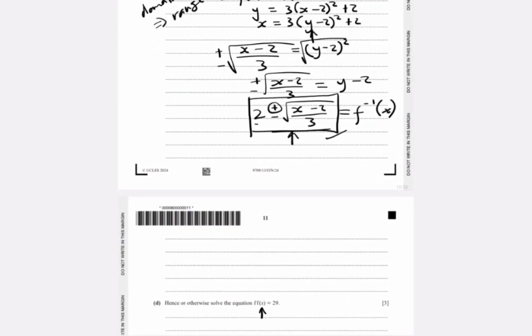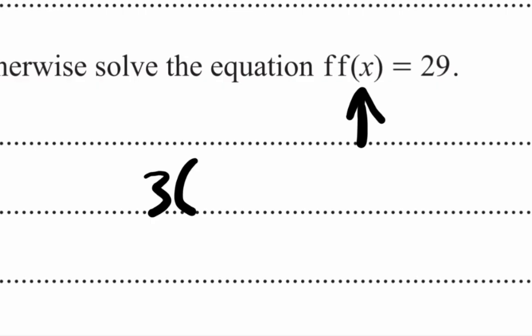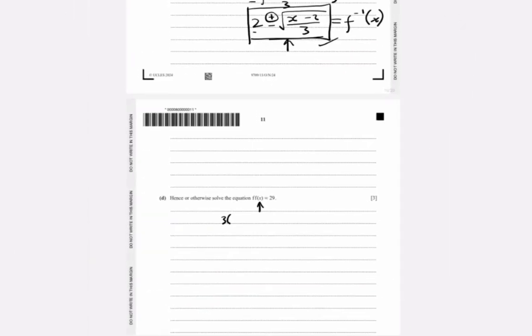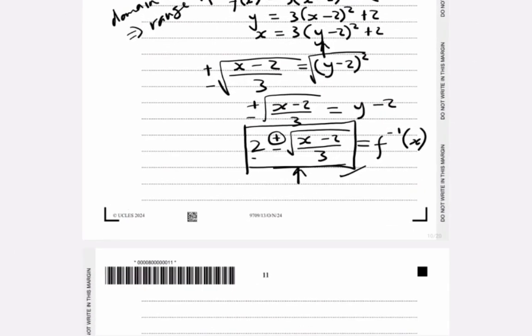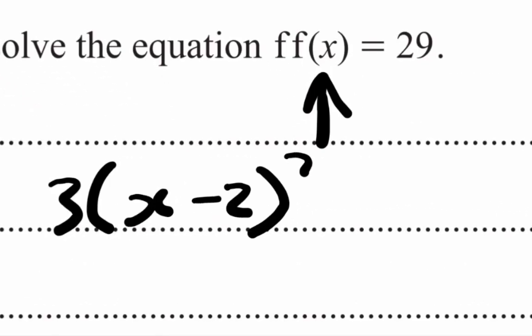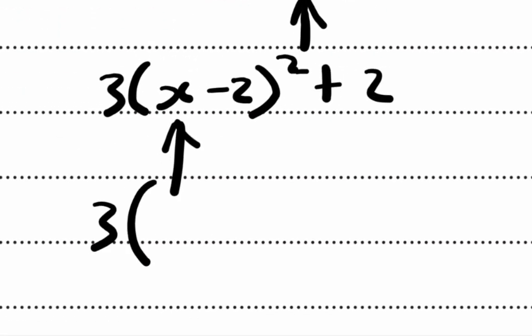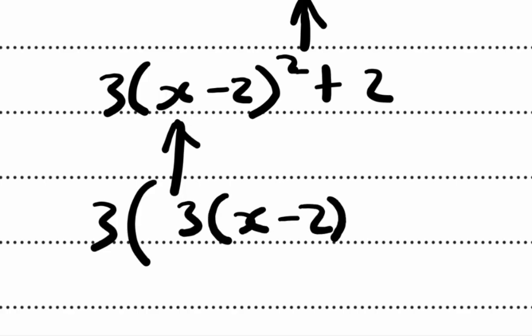So we know f of x is 3(x minus 2) squared plus 2. This is our f of x, and in this expression for f of x we're going to substitute f of x, so it's 3, then 3(x minus 2) squared plus 2 in place of this x.